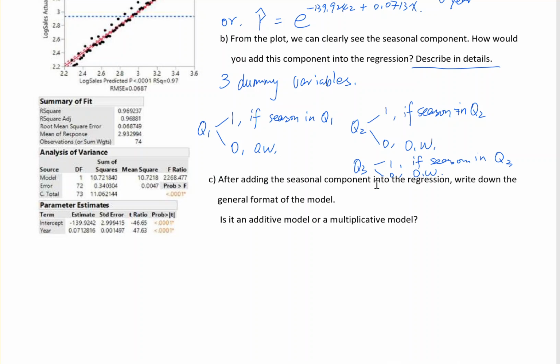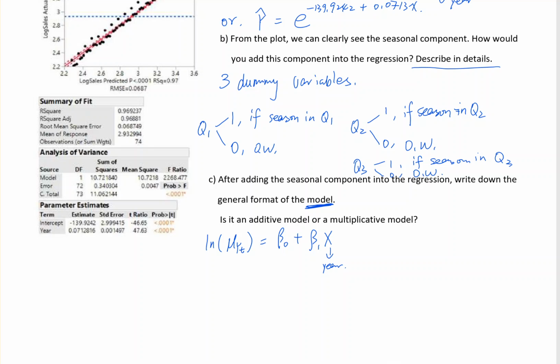All right, so number C. After adding the seasonal component into the regression, write down the general format of the model. So you need to write the model, right? So what is the population model? It will be natural log of mu y t equals beta 0 plus beta 1 times x, which is for the year, right?